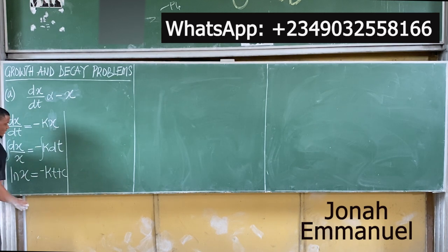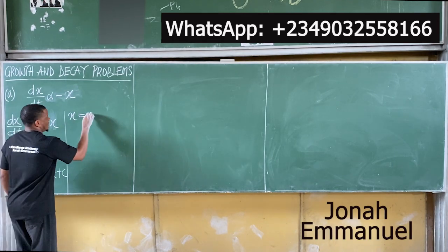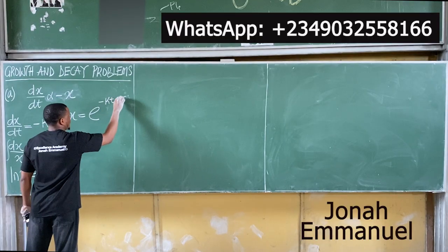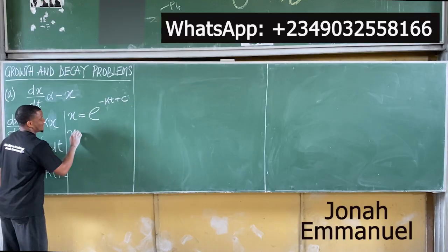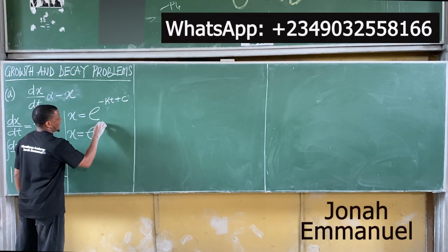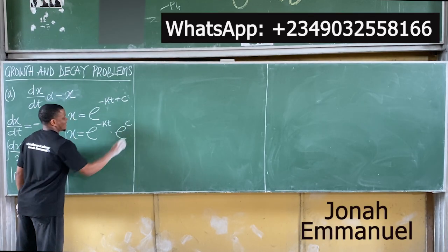This gives you x is equal to exponential minus kt plus c. Take exponential of this, so x is equal to exponential minus kt times exponential c.